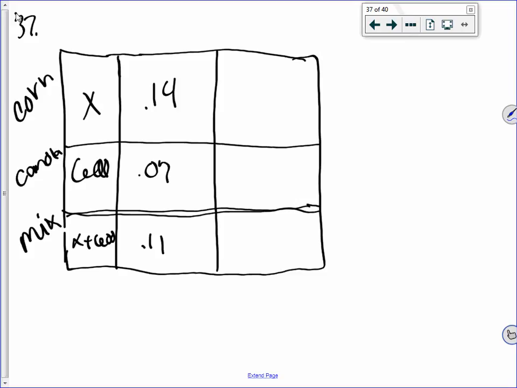So, let's see, what do we have so far? We have the amount, and we still need to find percentages, right? Oh, our percentages are right there. So we need the amount of oil.